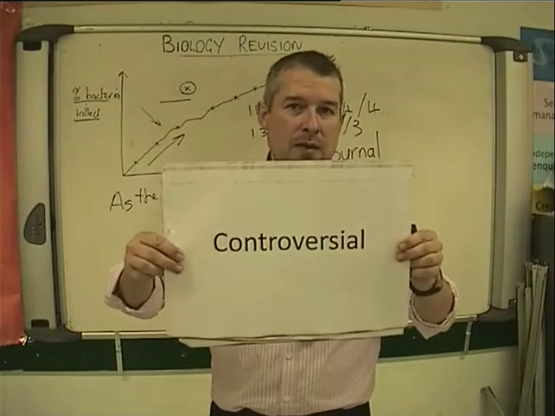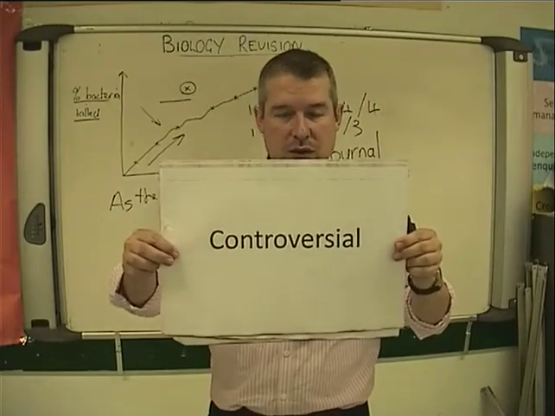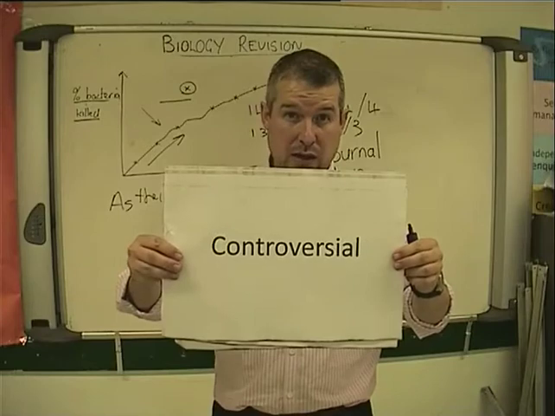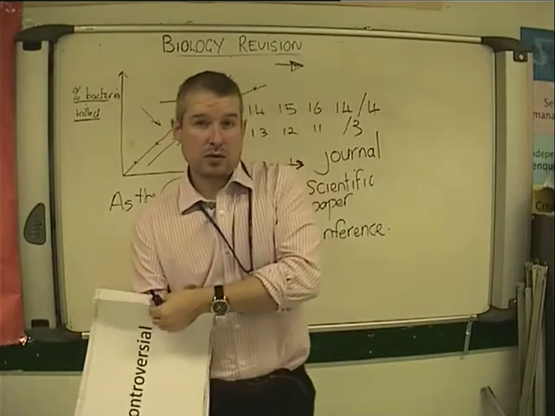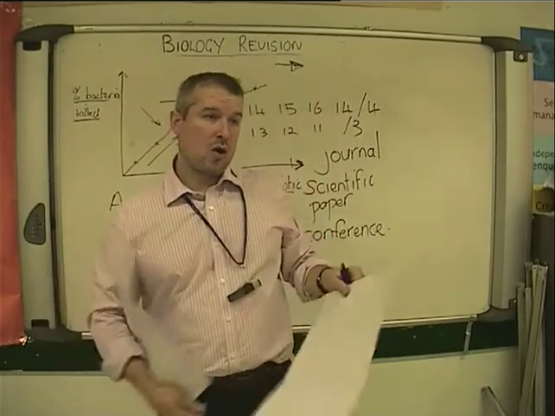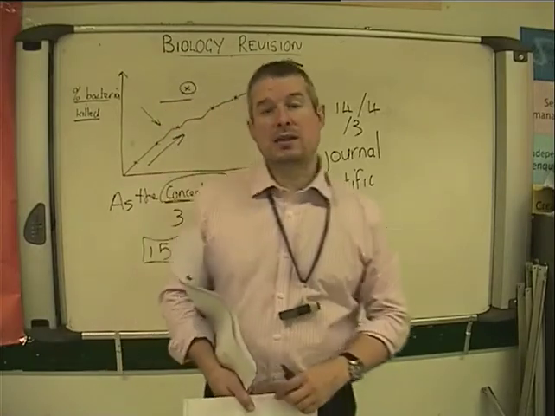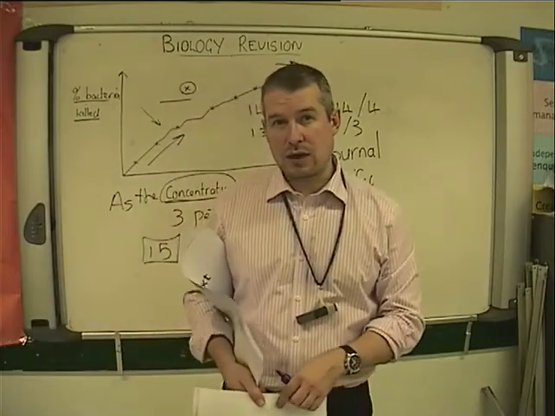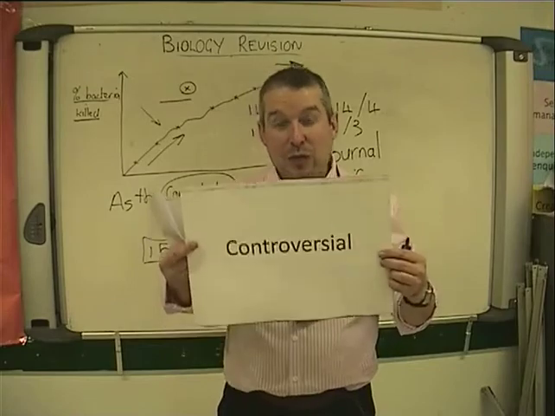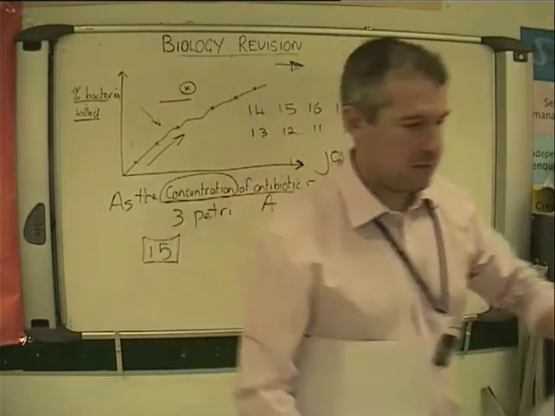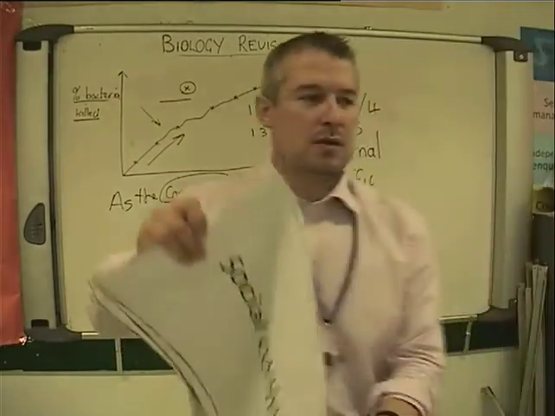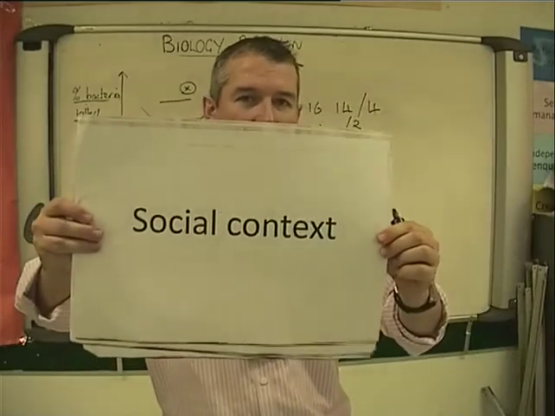Controversial. Something is controversial if it stirs up a debate in the people around it. So for instance, if Gaberhall School made the decision that all students had to come to school at 7 o'clock in the morning and leave at 7 o'clock at night, like me, then that would be controversial. Social context.